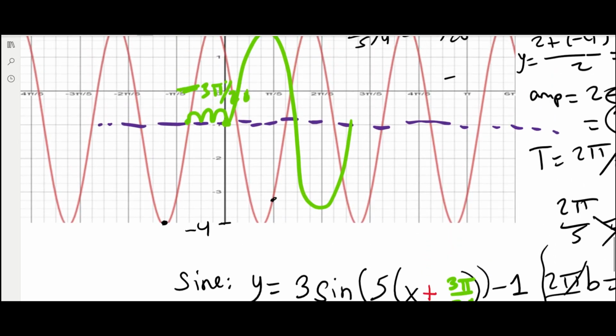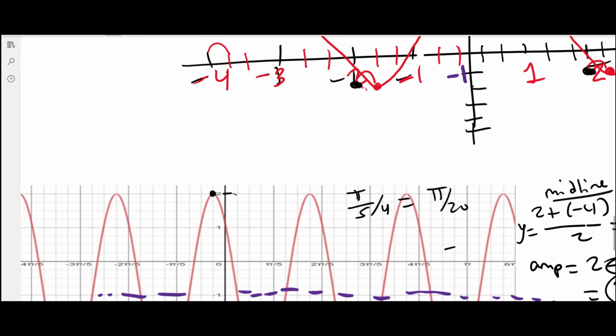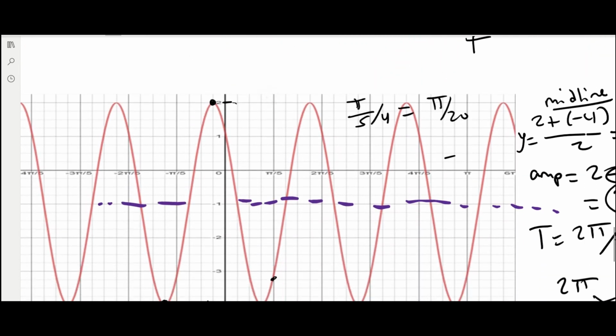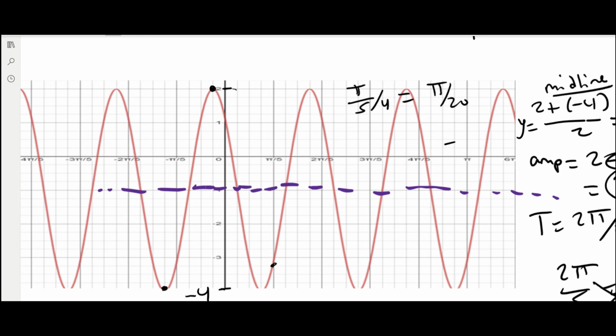Now let's do our cosine. For our cosine, we want it to look like the U shape, where it starts up on top and then does the U shape, right? So we have to take this guy and move it over here.